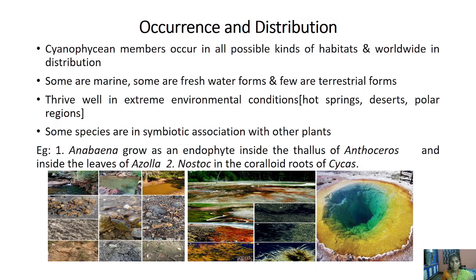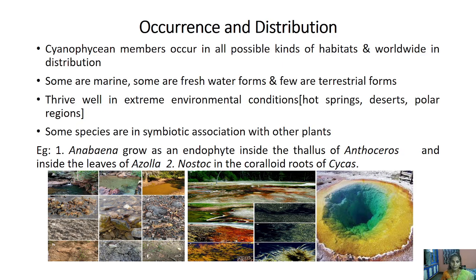Very few species are also able to thrive well in extreme environmental conditions like hot springs, deserts, as well as polar regions. Some species live in symbiotic relationship with other higher plants.